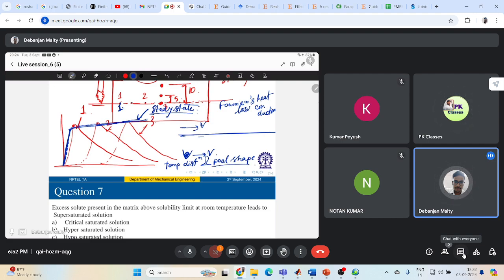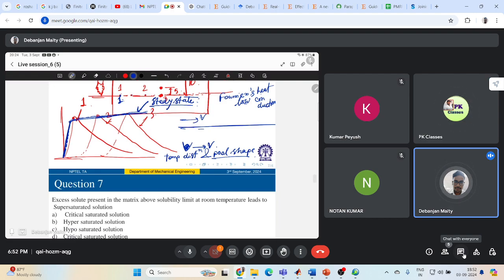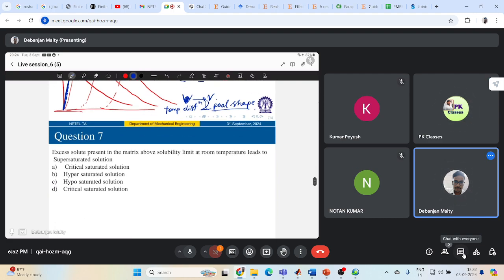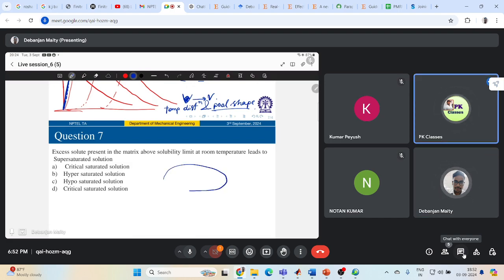In terms of pool shape, you may be familiar with something called a contour. My pool shape will look something like an ellipse from the top view.